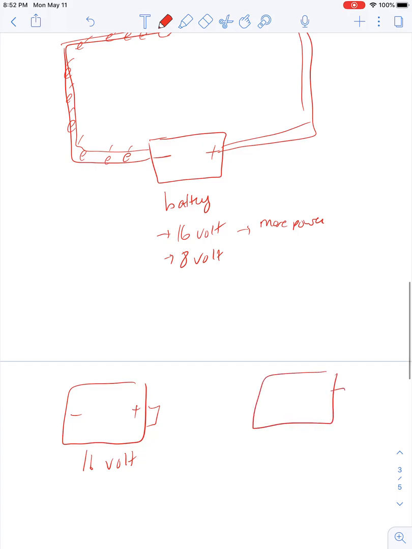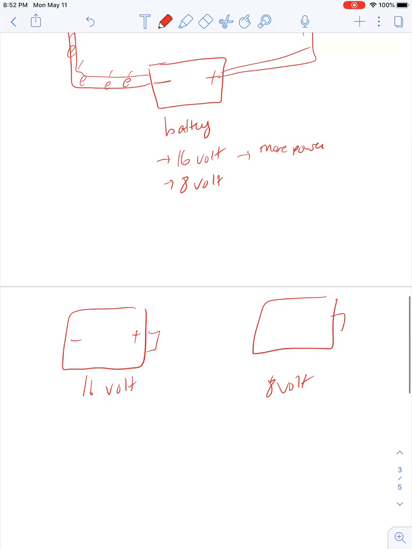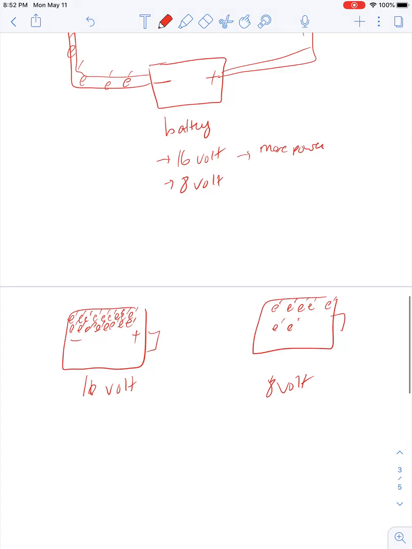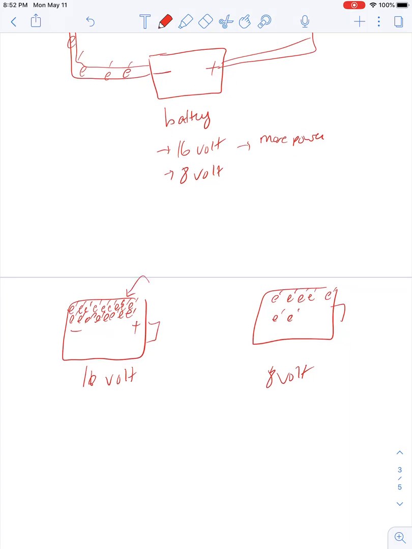And versus an 8-volt battery. What makes this have more power? It's how tightly packed electrons are. So let's say in a 16-volt battery, the electrons are packed super tightly together like that. And in an 8-volt battery, the electrons are spaced further apart. Because these are packed so tightly together, this has more electrical potential energy.